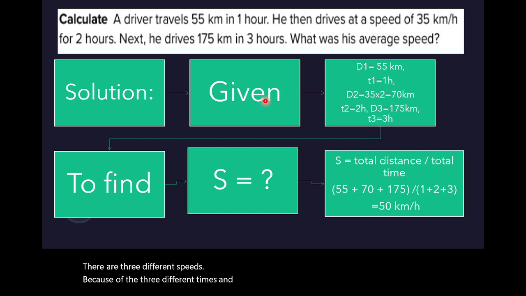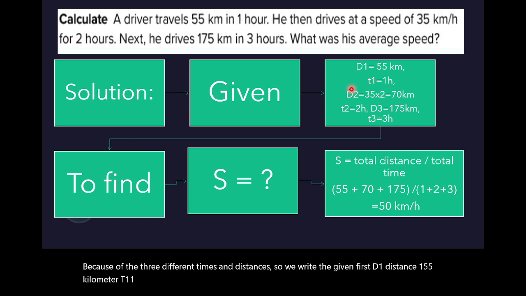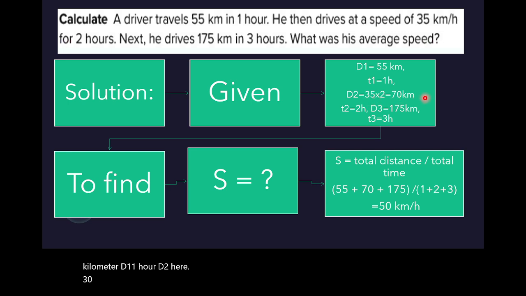So we write the given first. D1, distance 1, 55 kilometer. T1, 1 hour. D2, here speed and time, 35 times 2, 70 kilometer. T2 is 2 hour.